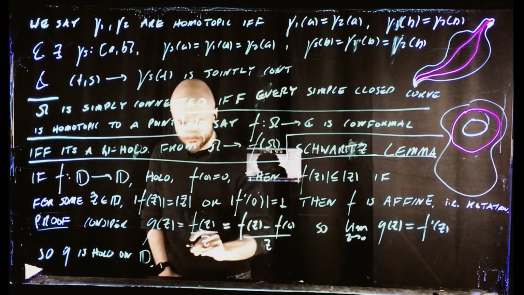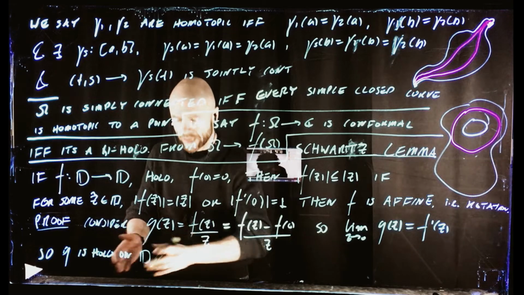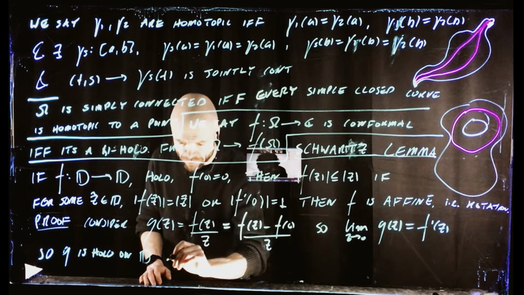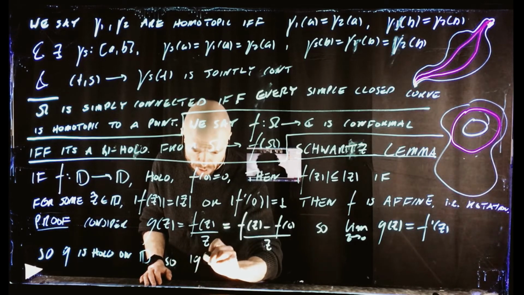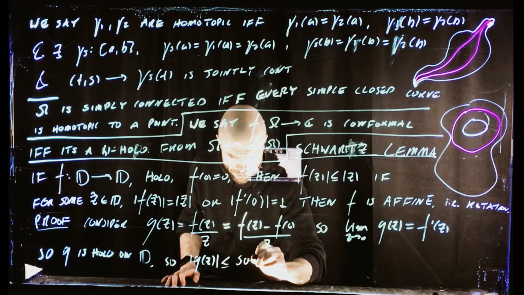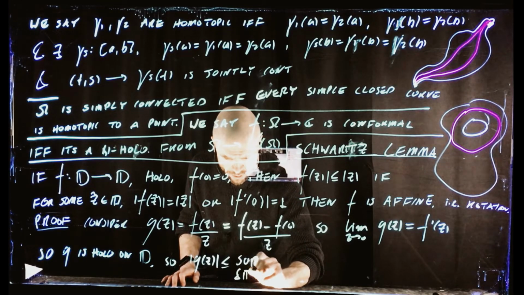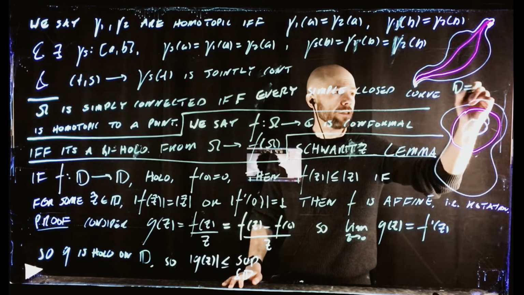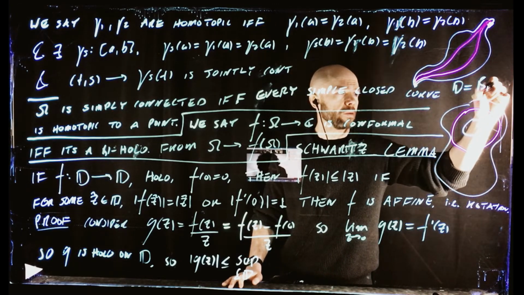And then what? Well, by the maximum principle, the absolute value of g takes its maximum on the boundary. So the absolute value of g of z is less than or equal to the supremum on the boundary of the disk. I haven't said it, but the disk is just the ball of radius 1 at 0.